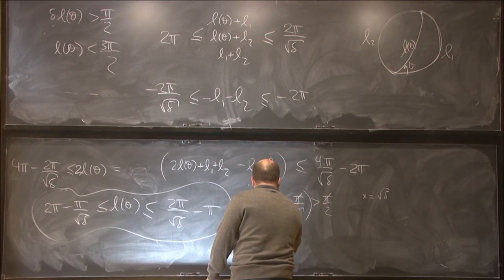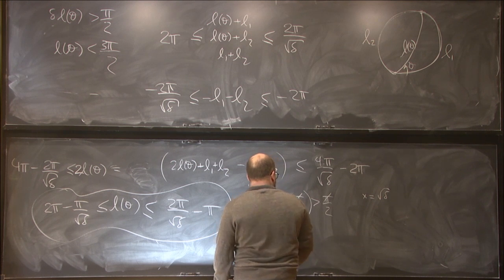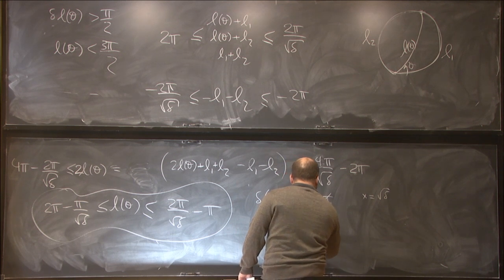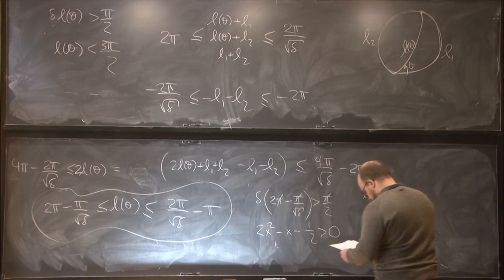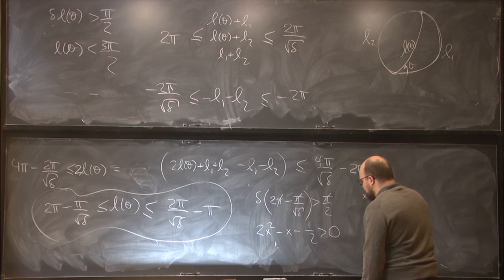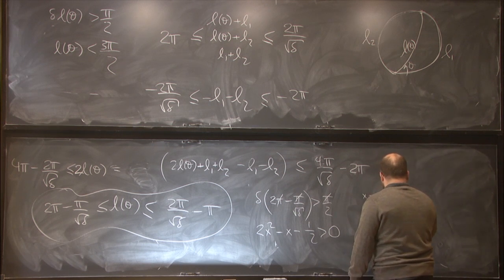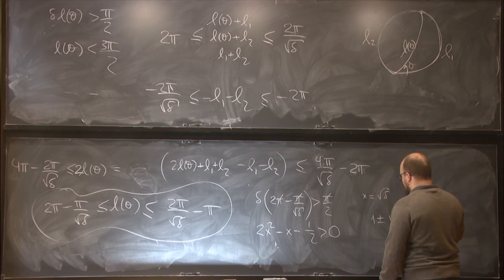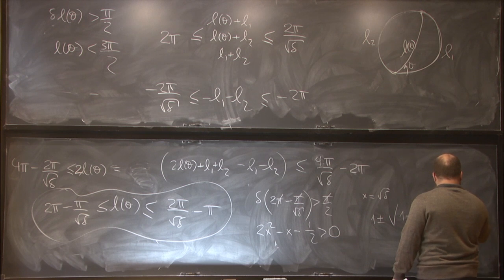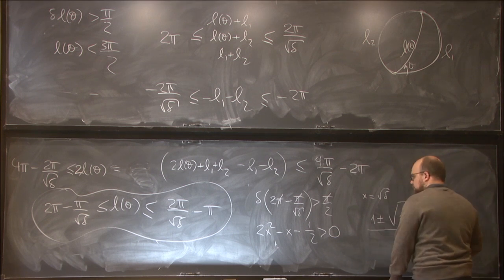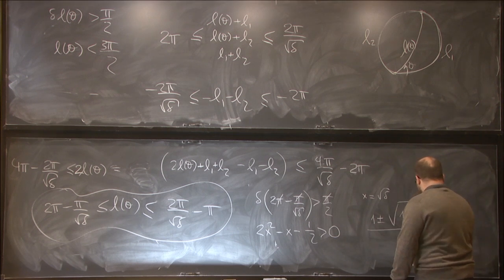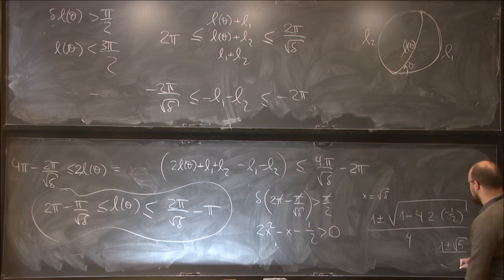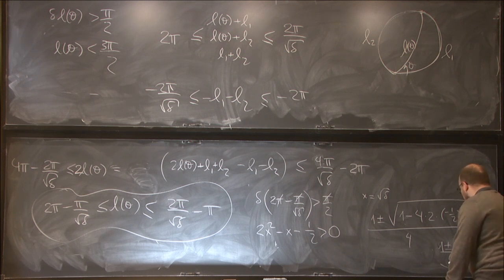This is equal to 2x squared minus x minus 1/2 bigger than 0. So the roots of these are given by the quadratic formula, divided by 2 times the coefficient of x squared, right? So you get 1 plus or minus square root of 5 divided by 4.